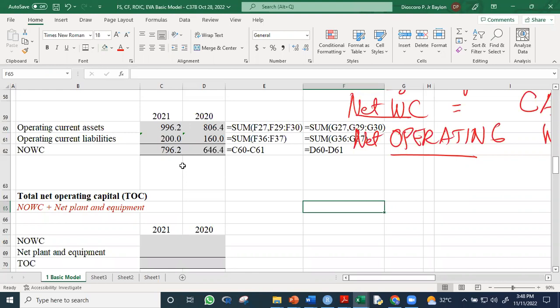So operating working capital was increased by around 29 thousand something. But the capital provided to management is not only operating working capital. You also have long-term assets being provided to management. So what's the working asset? That's now your net plant and equipment.